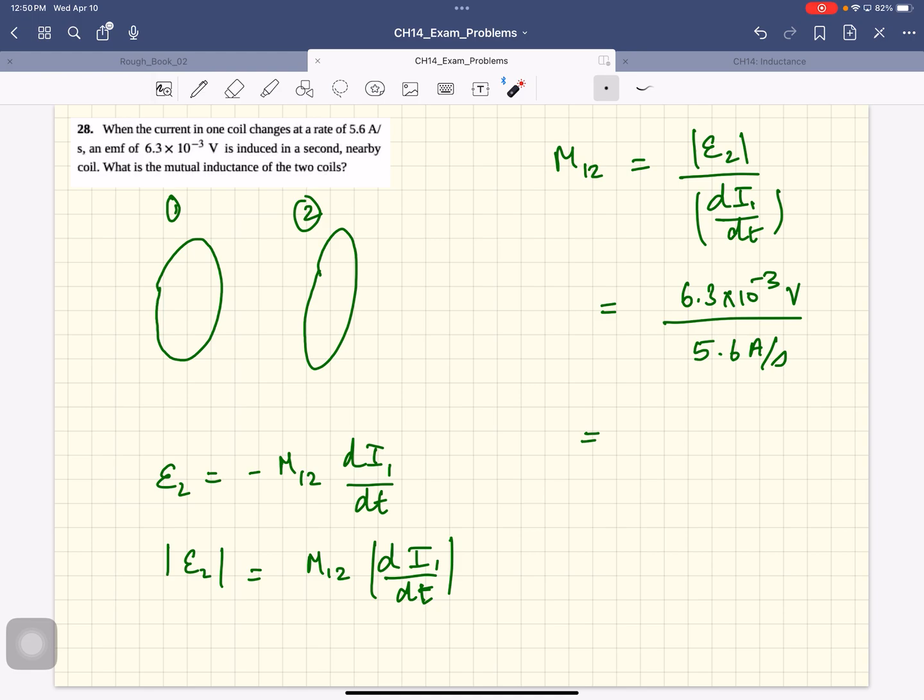So that's the unit for inductance. Henries, so 1.125 millihenries. Okay.